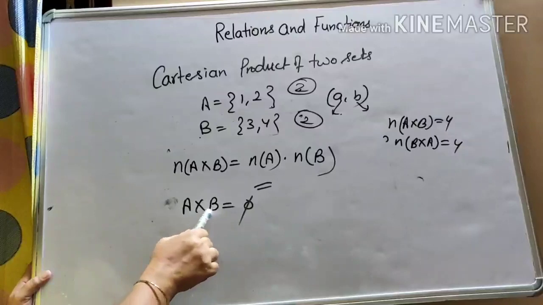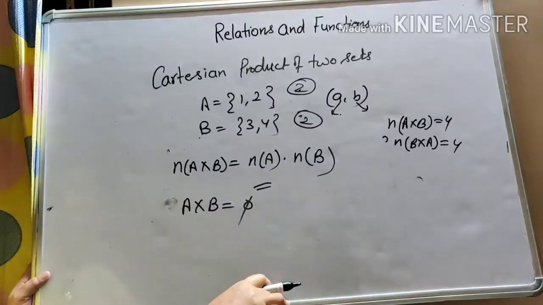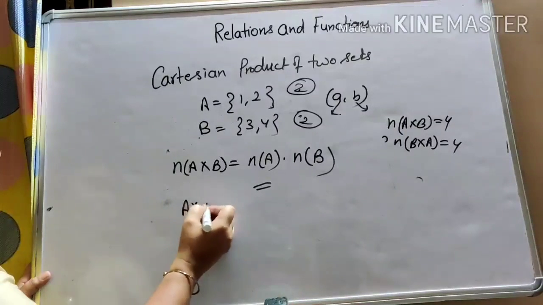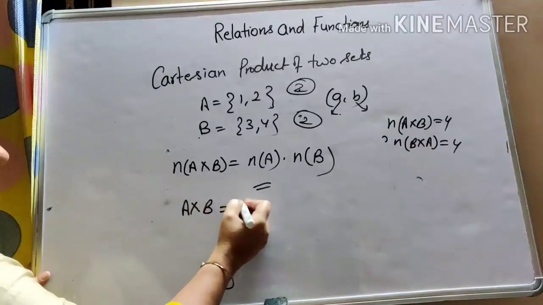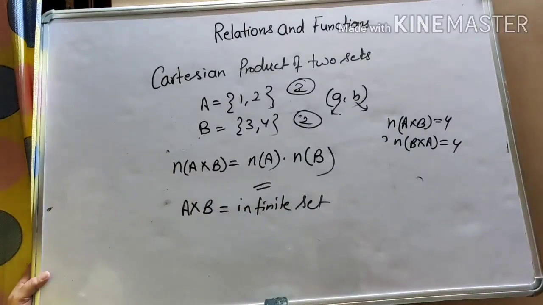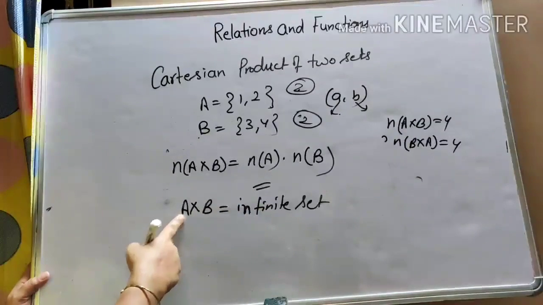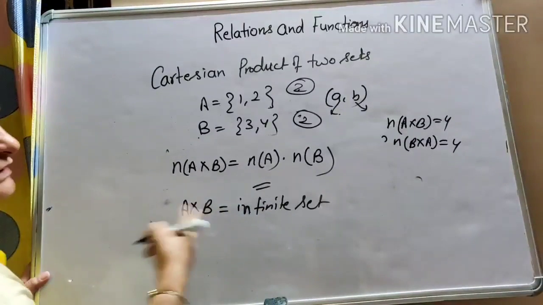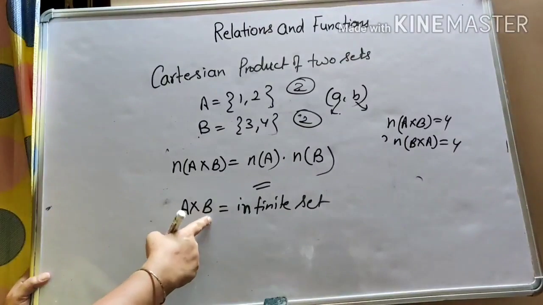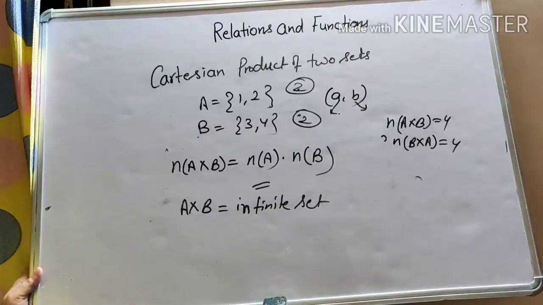Also, if the Cartesian product is an infinite set, this is possible only when either A or B, or both, are infinite sets.